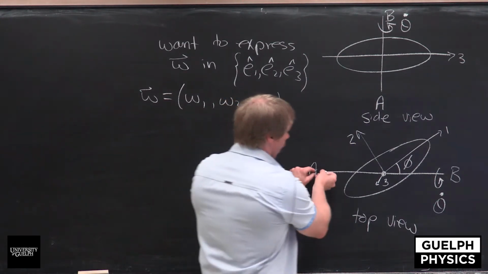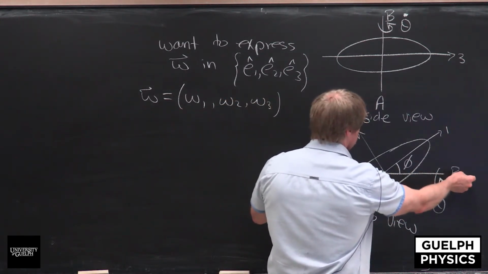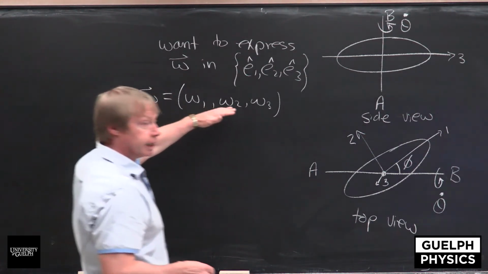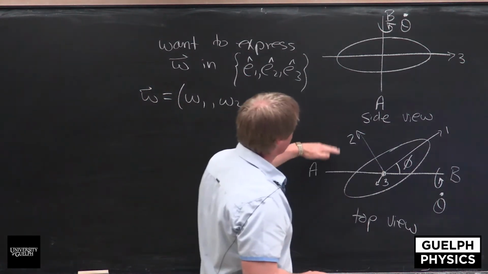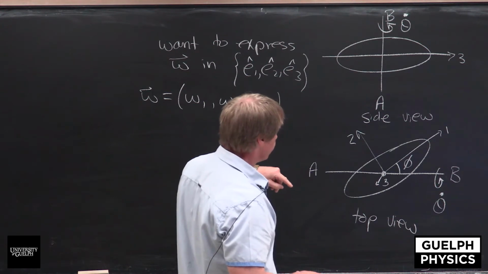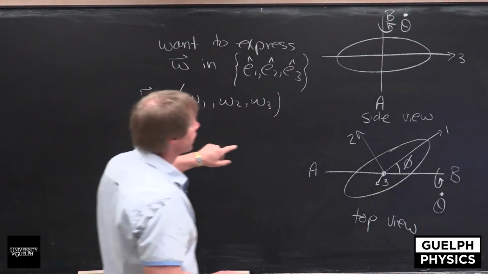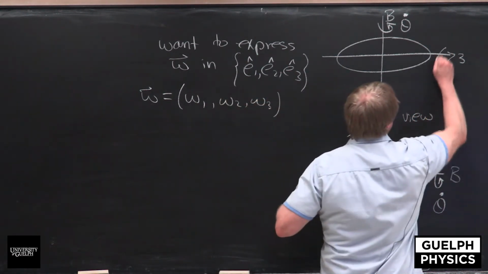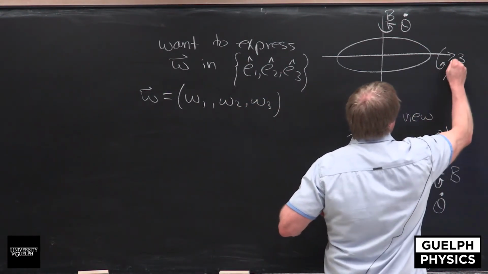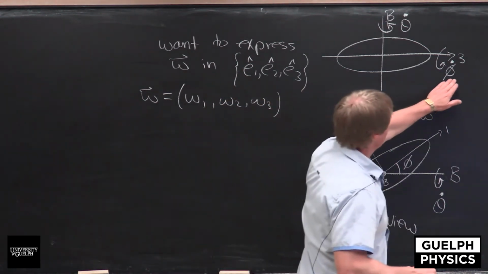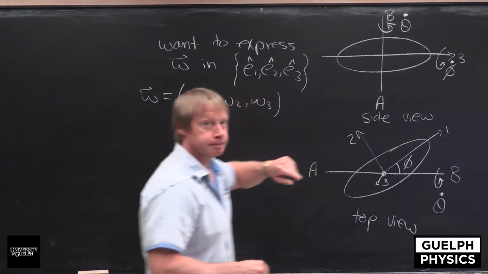So our omega vector is along this axis. So I'm just working out components in this direction. And I have neglected to include on this figure that I'm also rotating about the 3-axis with a component phi dot.